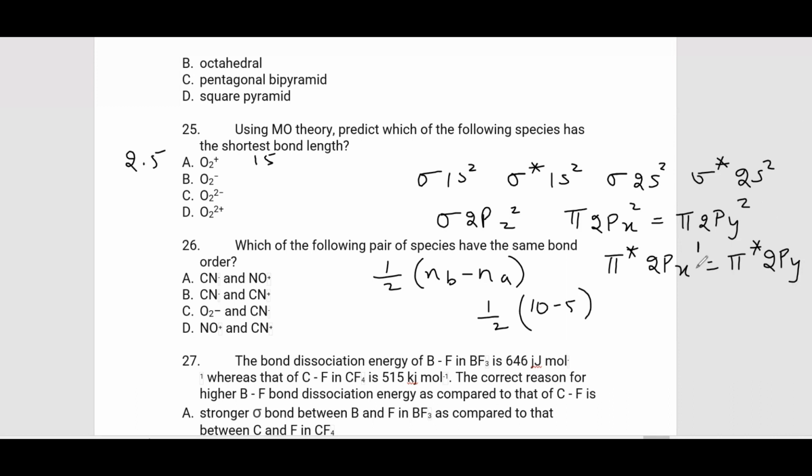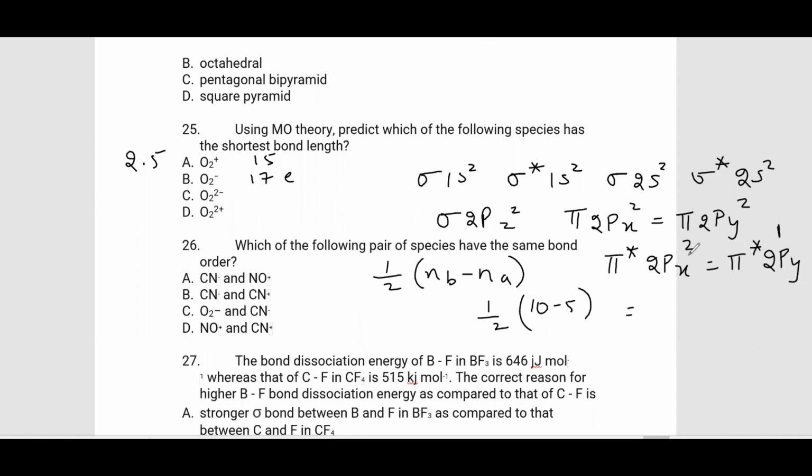And the second option is O2 minus. O2 minus means 16 plus 1 electron. That means it is 17 electrons. And for 17 electrons, the MO configuration changes a little, and it will be 2 over here and 1 over here. So the number of bonding electrons and anti-bonding electrons are again changing.